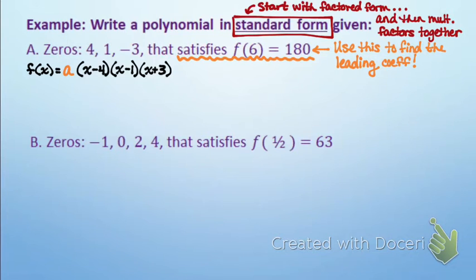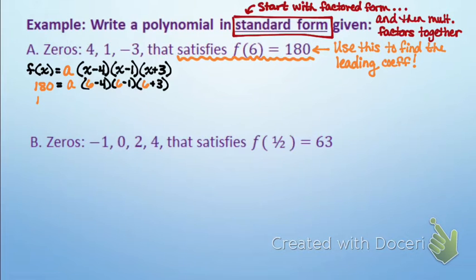What are we putting in the place of the x's? Putting 6. So I have 6 minus 4 times 6 minus 1 times 6 plus 3. Got my a out here at the front. And what is going to take the place of f of x? 180, that y value.